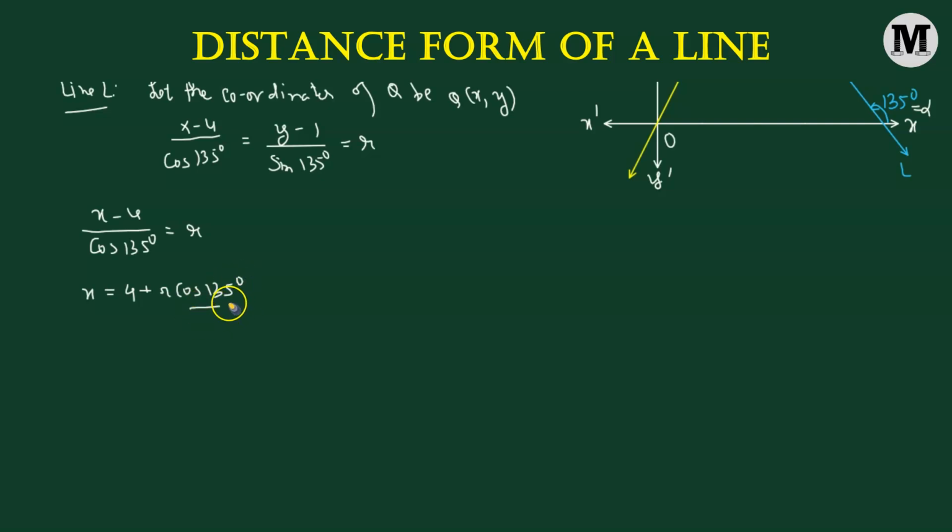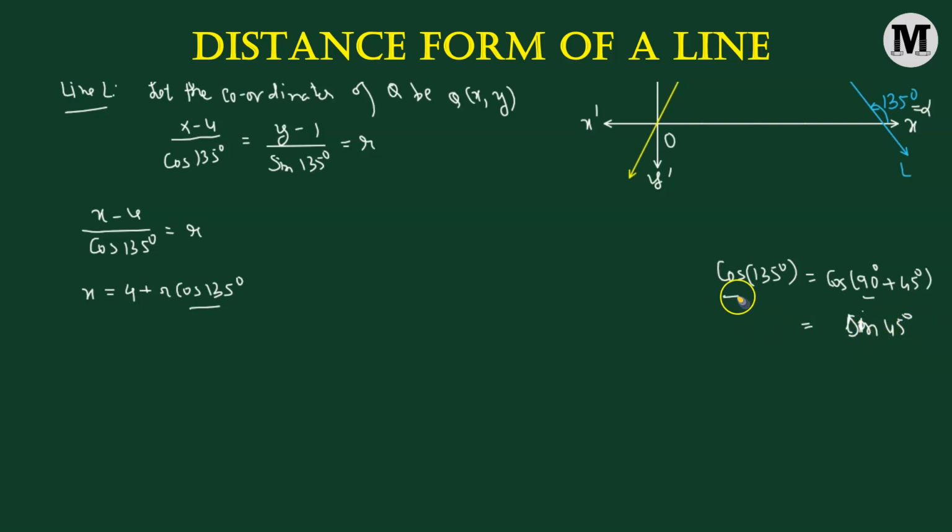Now what is the value of cosine 135 degrees? So cosine of 135 degrees can also be expressed as cosine of the angle 90 degrees added to 45 degrees. Fine. So this is going to be equal to cosine, so cosine will become sine since we have 90 degrees here, so we'll get sine 45 degrees.